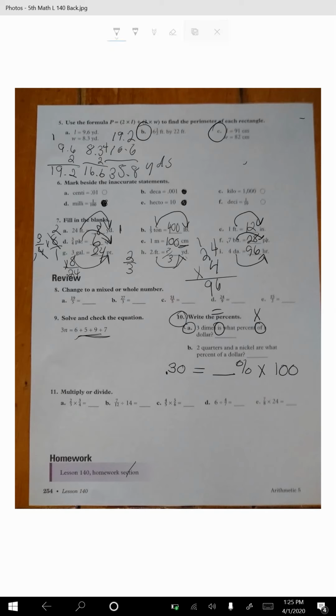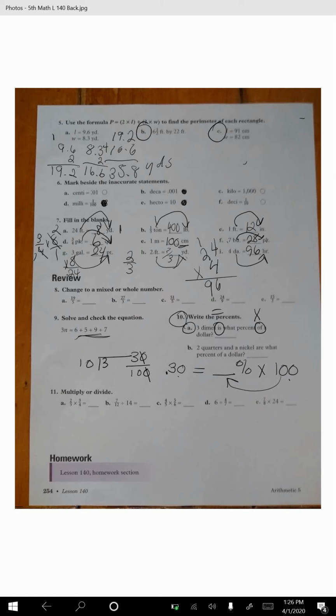Because we're missing part of our multiplication problem, we're going to do 30 divided by 100. I can get rid of each of these zeros. Now I'm down to 3/10. It's 3 divided by 10.